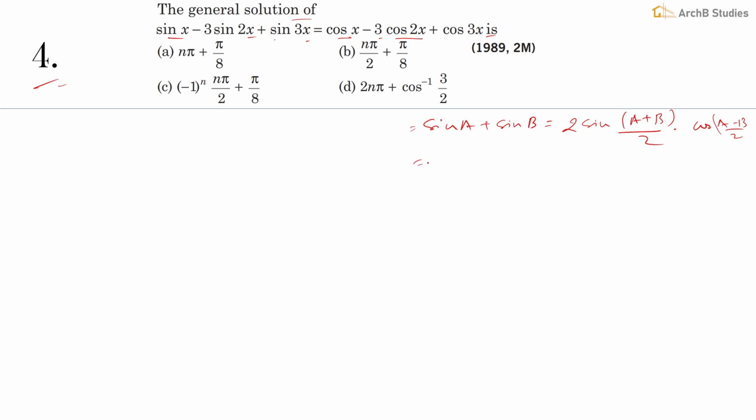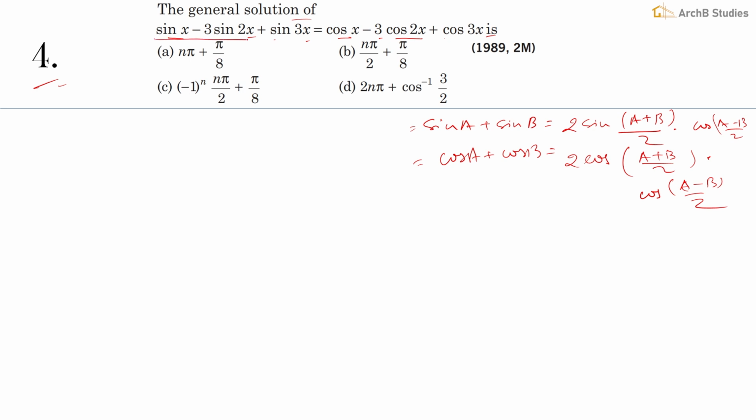And second one, cos a plus cos b will be 2 cos of a plus b divided by 2 into cos of a minus b divided by 2.